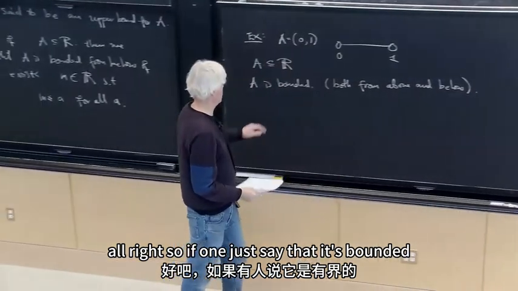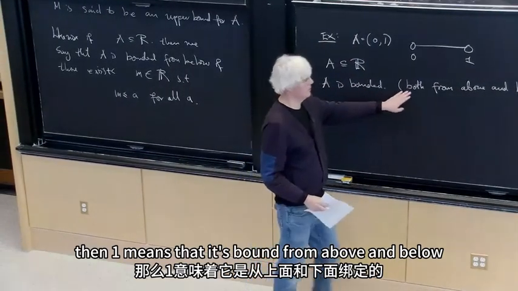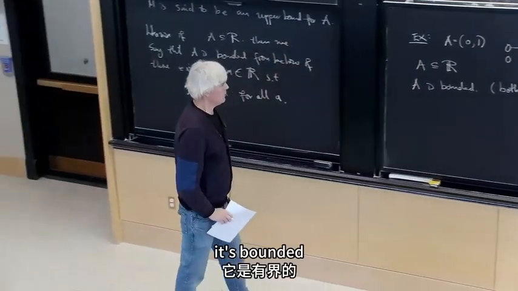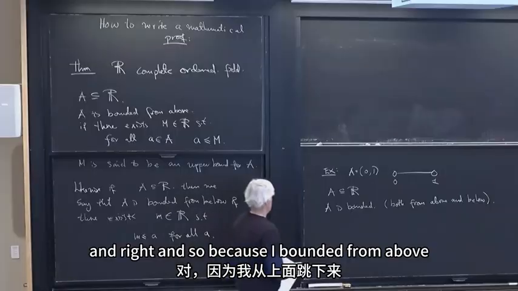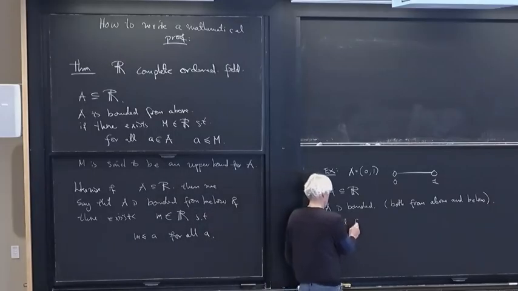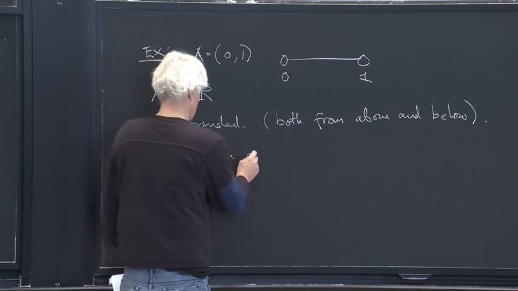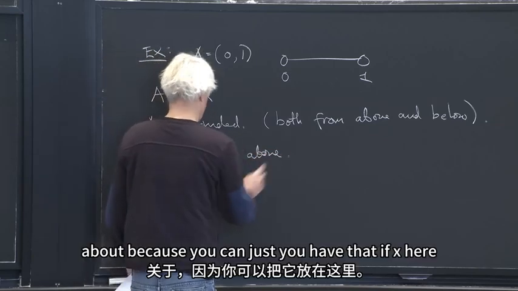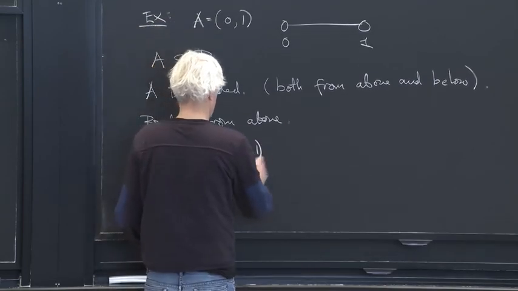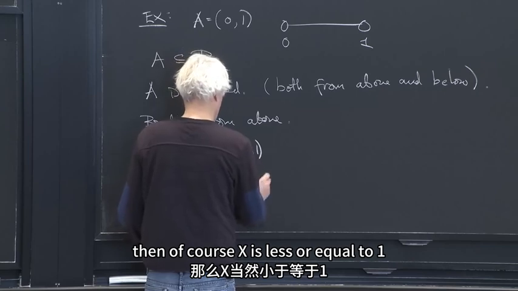Right, so if one just says that it's bounded, then one means that it's bounded from above and below. Bounded from above, because if x is in this interval, then of course x is less than or equal to 1.